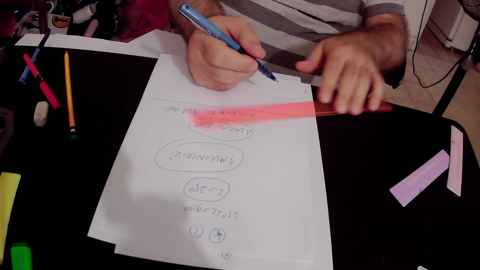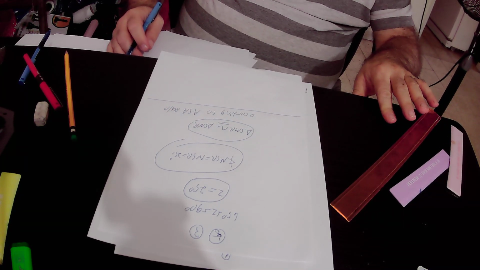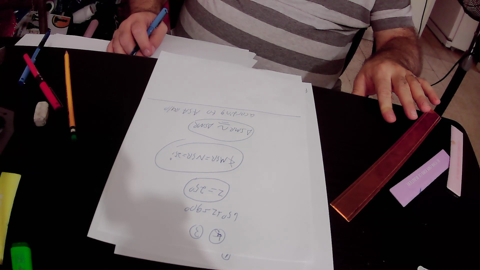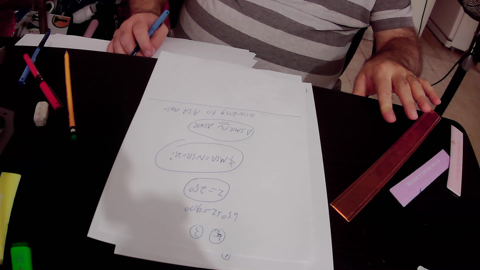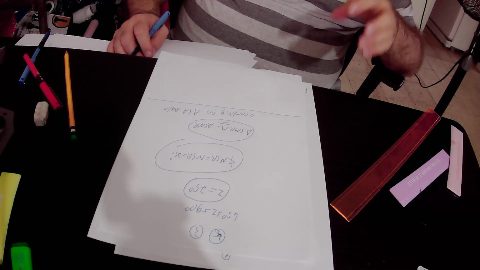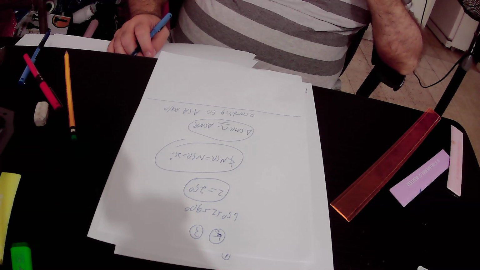The angle side angle rule states that if you prove that two angles and one side of a triangle are equal to two angles and one side of another triangle, then you proved that those two triangles are congruent according to the angle side angle rule. Okay?